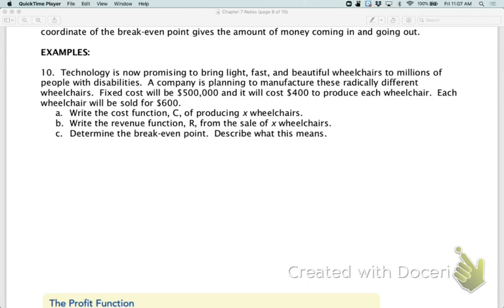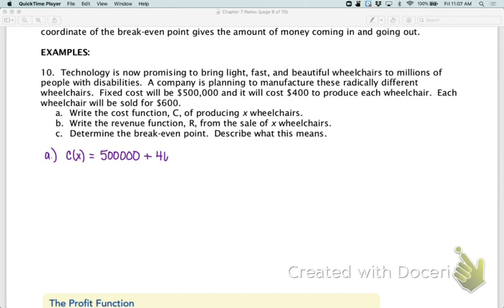Now you can look back up at that formula. And again, the cost function, C of X, is going to be equal to the sum of any fixed costs. Well, we know that the fixed costs are $500,000. And then we want to add that to the cost per item to produce times the number of items.